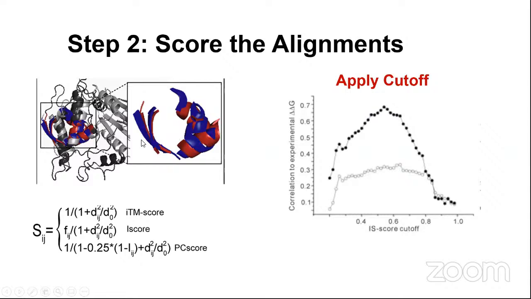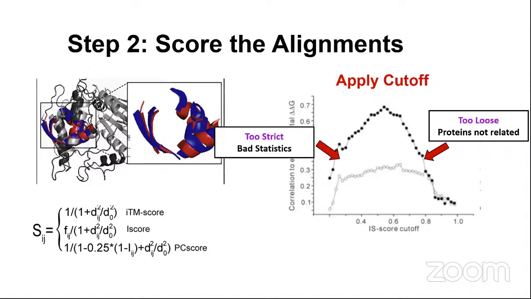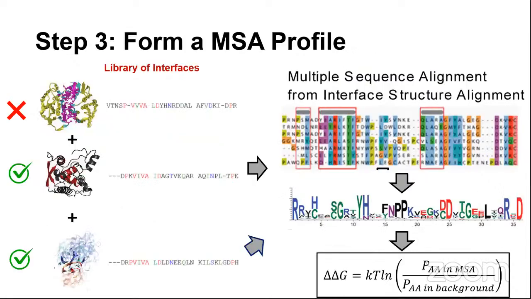And then we score this alignment based on how well this matches. We then apply a cutoff, which is important because if the cutoff is too loose, the proteins are not related, and we can't really establish a relationship between the two of them. If it's too strict, then we don't have many points for comparison, and we get bad statistics.